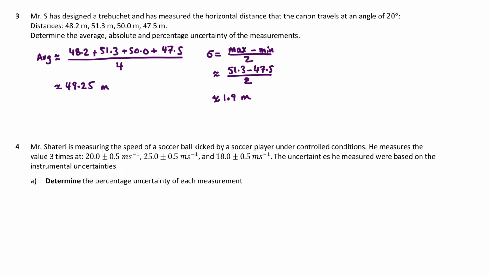And finally, for my percentage uncertainty, I will just take the 1.9 and divide it by 49.25 and multiply by 100% to get approximately, and these are all approximate coming from the measurement, about 4%.